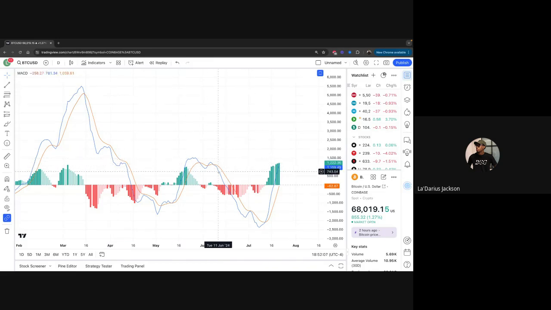When you're looking at this chart, you have a red line and a blue line. And then you also have this chart behind it, but they both represent the same thing. The red line and the blue line represent buying and selling pressure.